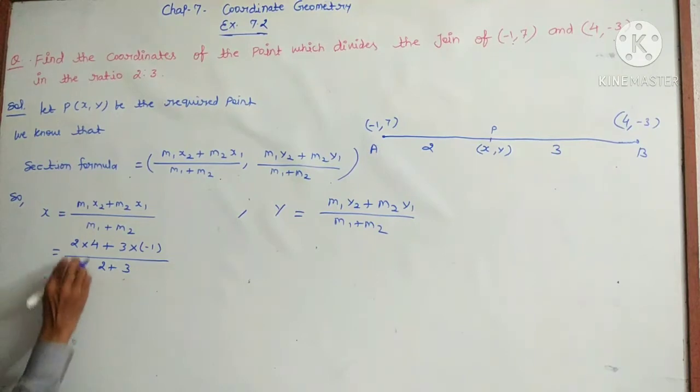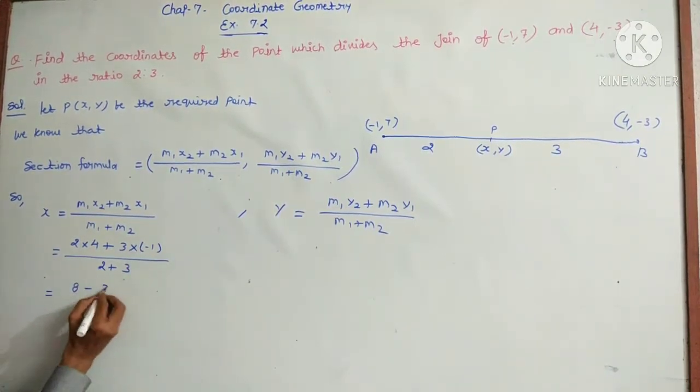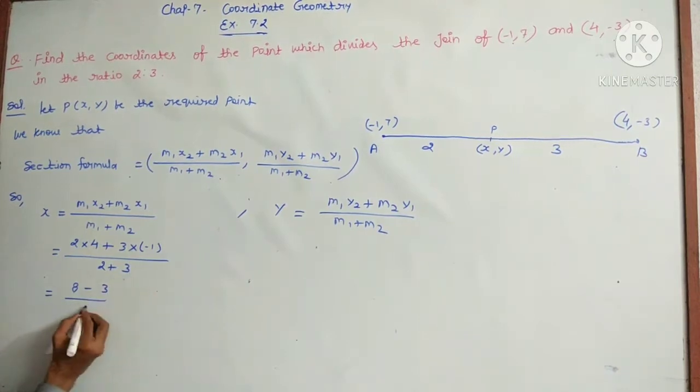After solving you will get 8 plus (-3) upon 2 plus 3 is 5. Okay, now you can write 8 minus 3 is 5, 5 upon 5. So you will get answer 1. The value of x is 1.